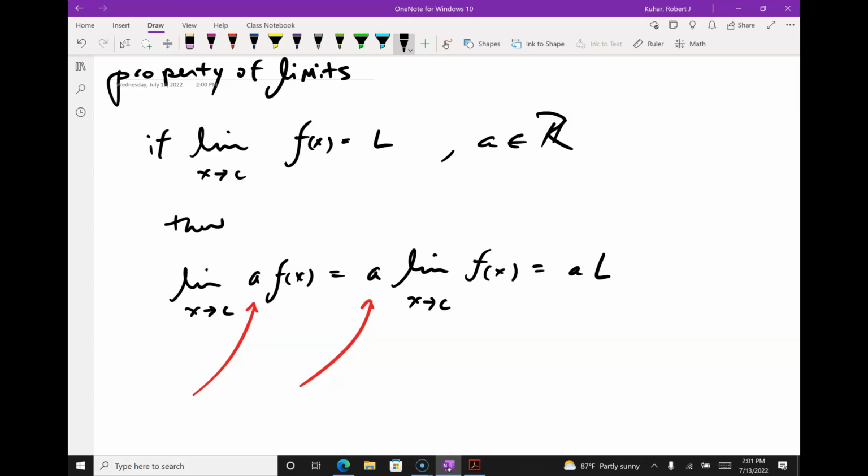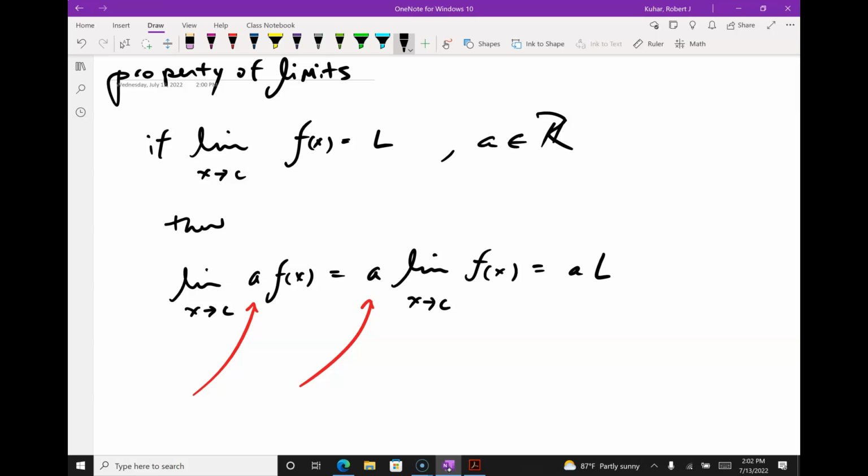A is just a number, right? Where is A in my bottom line here in the conclusion? In terms of the limit, where is A? It's inside, part of the limit. And the second place, it is outside the limit.